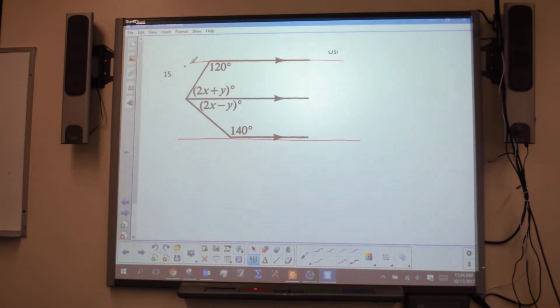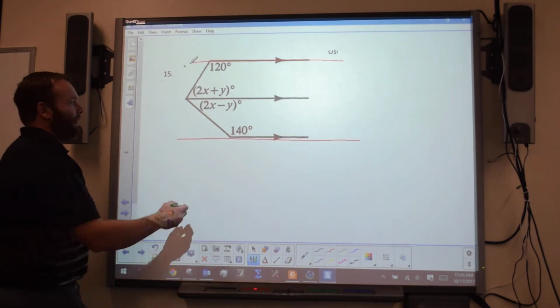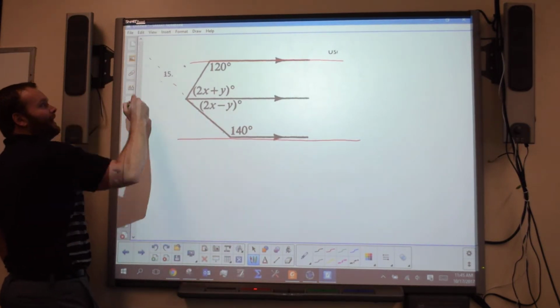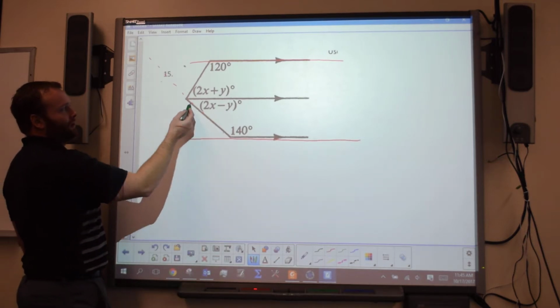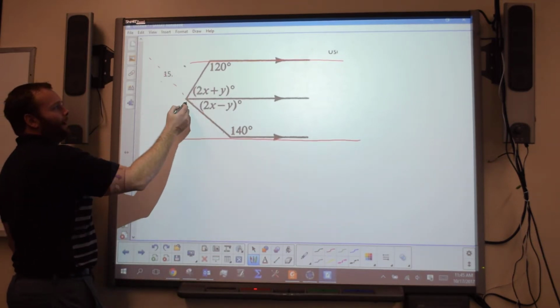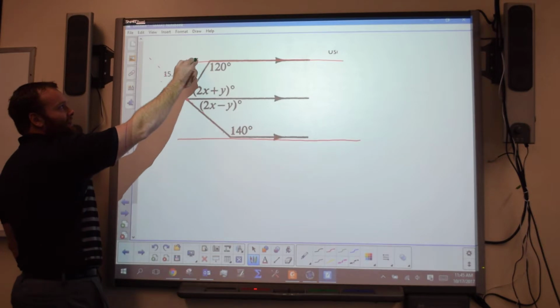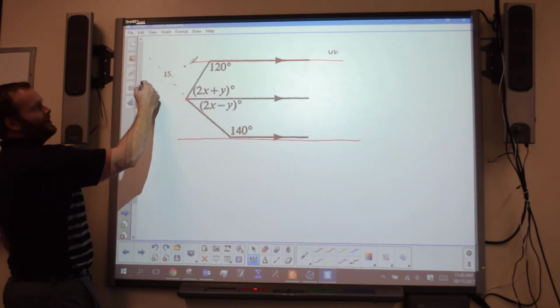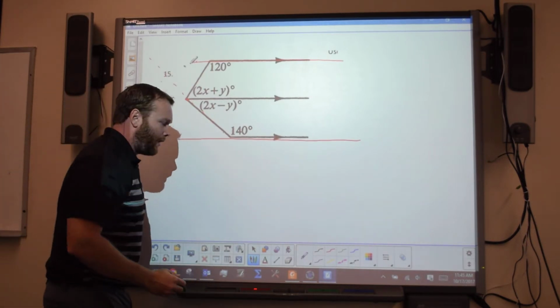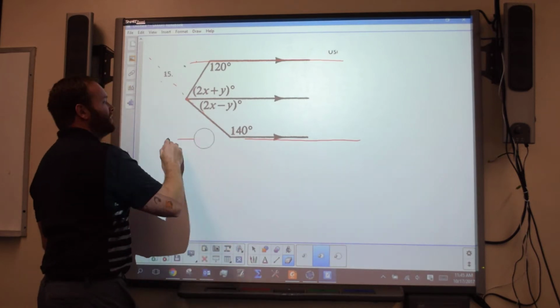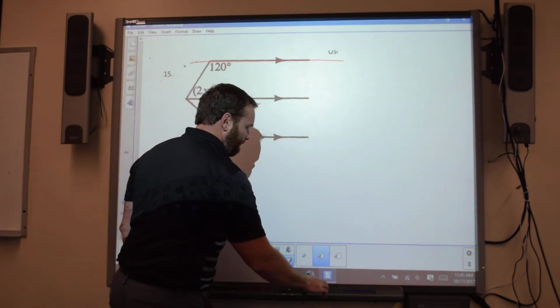No. When I say common, I mean something they share. They don't share the same transversal. We actually have to take this one and extend it beyond that point right there to see that it does eventually intersect that line up there. But we don't know any of these angles over there. So the way the picture's been presented, there really isn't a common transversal for those two.